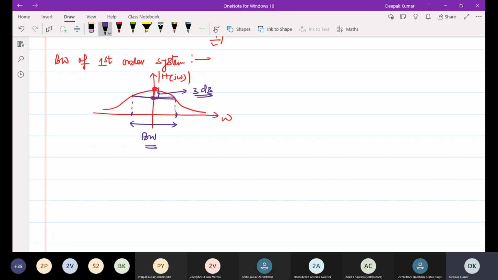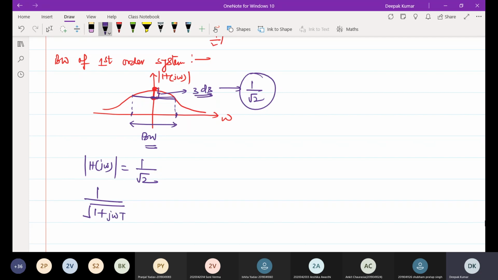And to find this 3 dB, the numerical value of 3 dB is 1 by root 2. So that's why the mod of H of j omega will be compared with 1 by root 2. And as you know, the magnitude was 1 by under root 1 plus omega square T square, and it was equal to 1 by root 2.